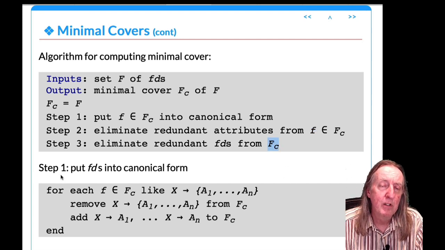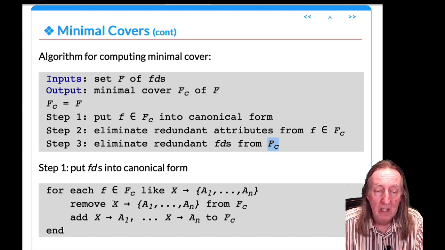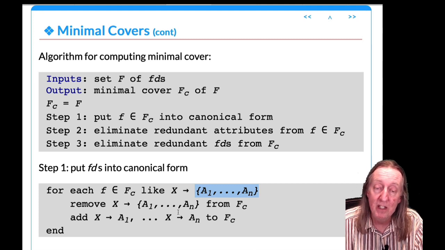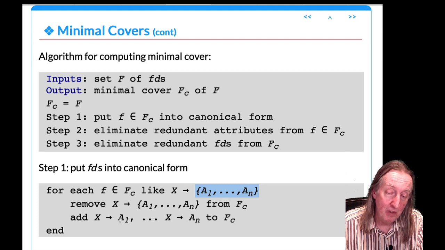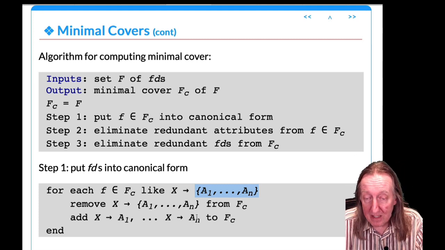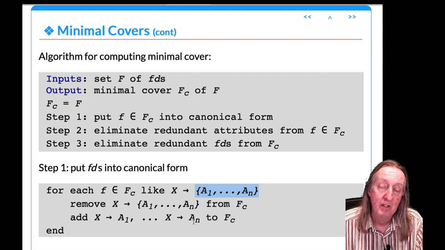Alright, so look at all these individual steps in a bit more detail. Step 1, put the functional dependencies into canonical form. If we have a functional dependency that has a bunch of attributes on the right hand side, then we split it up so that we've got n individual functional dependencies that only have a single attribute on the right hand side.